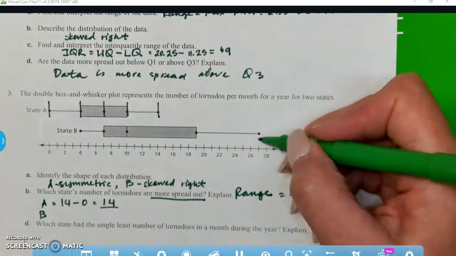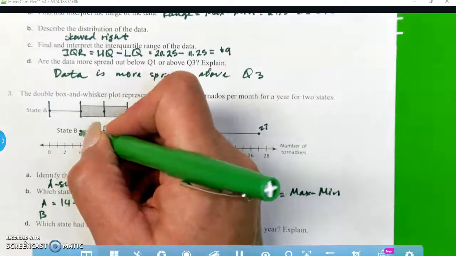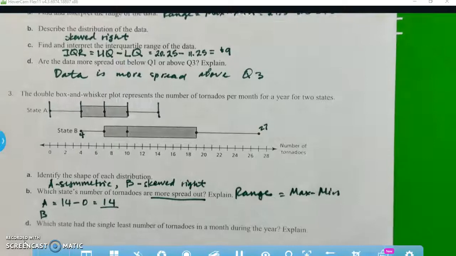For state B, and if you need to, you definitely can label these numbers on your graph to help your data analysis, the range for state B is 23 tornadoes. So definitely a greater variety of days and occurrences.